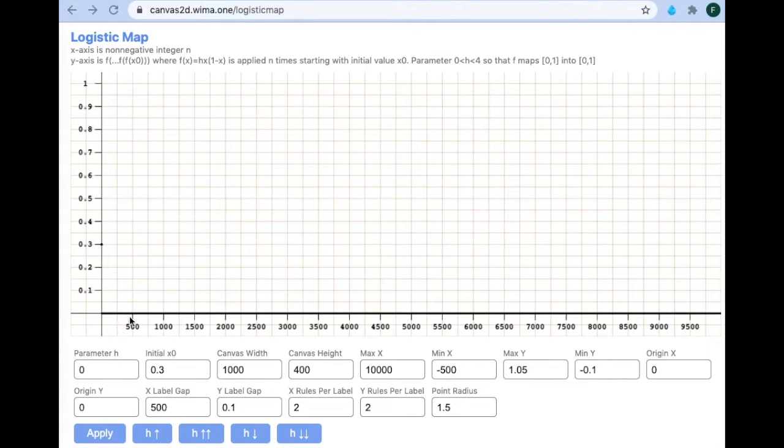So we have a lot of points here. Initially h is 0, and the initial population is 0.3. And what I will do next is press this button to increase h. When I press this button, h increases by 0.1. When I press this button, h increases by 0.01. Okay, now let's increase h and let's see what the graph looks like.